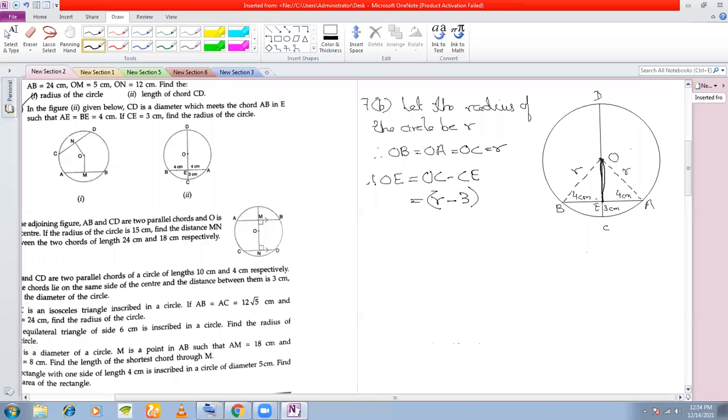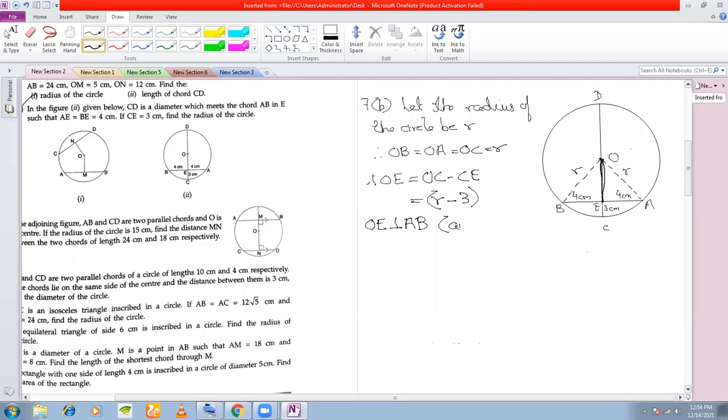Now consider, because see that this line CD bisects the chord AB, right? So that means OE must be perpendicular to AB. This is from theorem number 1 that we discussed. Why?